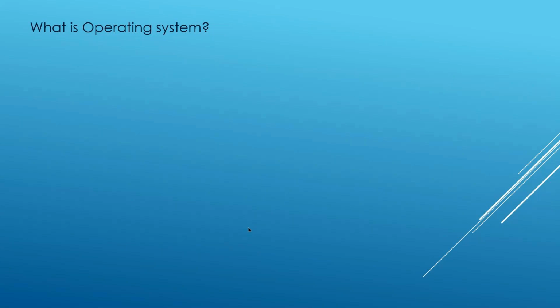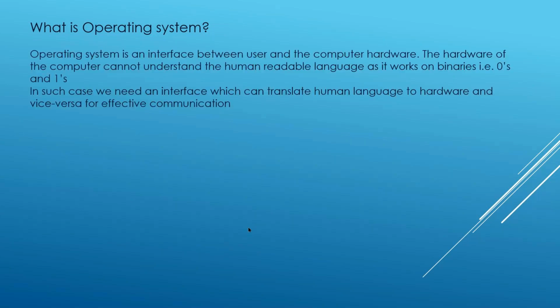An operating system is an interface between the user and the computer hardware. The hardware of the computer cannot understand human-readable language as it works on binaries, that is zeros and ones. In such a case, we need an interface which can translate human language to hardware language and vice versa for effective communication.